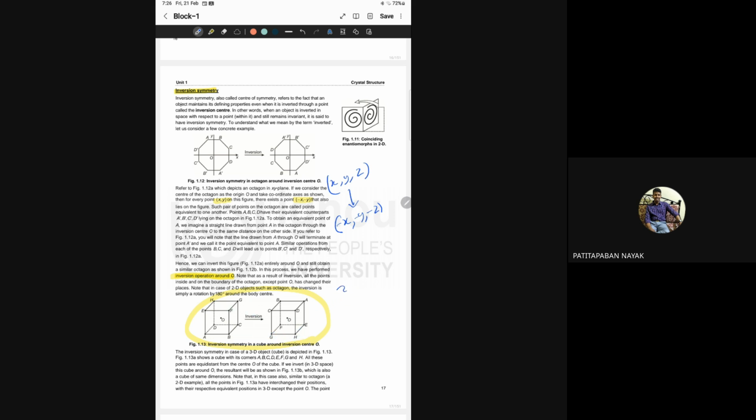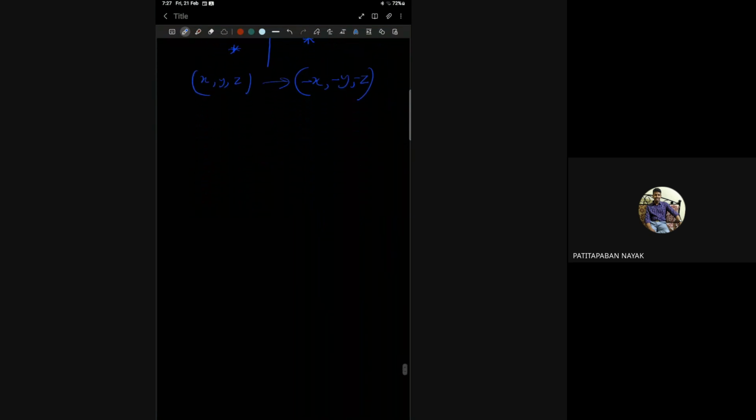So this picture tells you that if I take O as the origin, and the side of the cube is equal to 2a, let me draw it and explain, it will be much clearer.